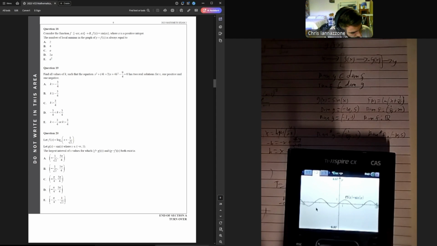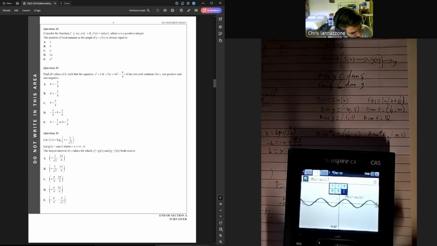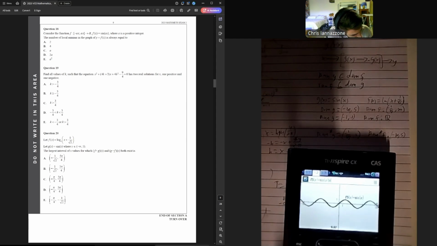The domain of sine x is currently from negative infinity to 5, so we can even put that in there if you like, although that would just be x less than 5. Nothing too special there. Now, if you want to cap this out at negative 1 on root 2, then what we could do is just draw a horizontal line at negative 1 on root 2.